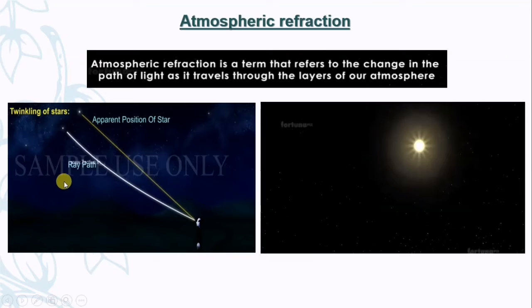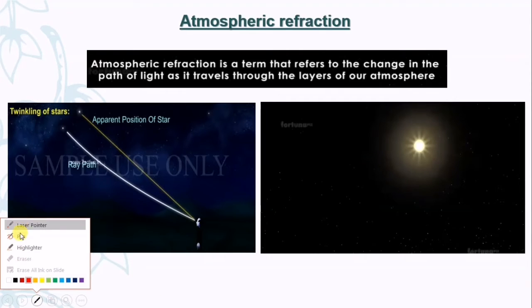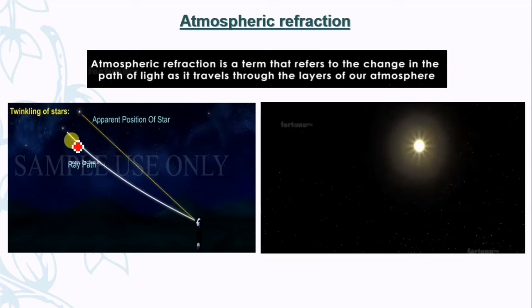Okay, so what happens here? Girls, we get the light coming from the actual position of the star, but this light refracts many times before reaching our eyes, because it has passed through different layers of air with different densities.